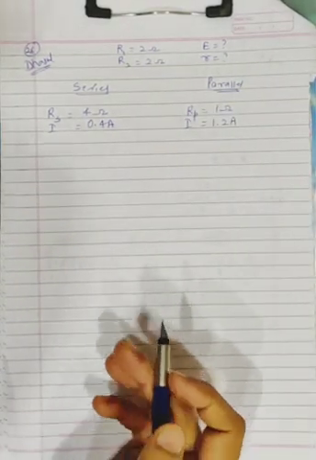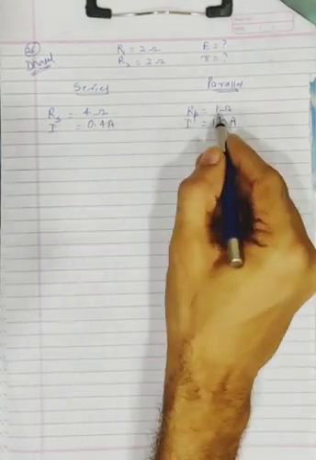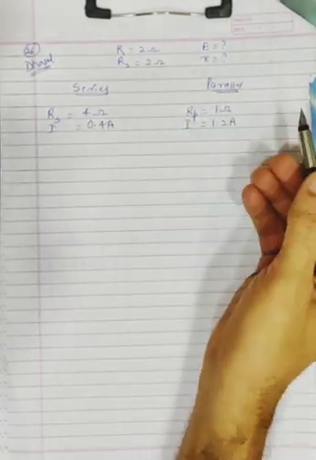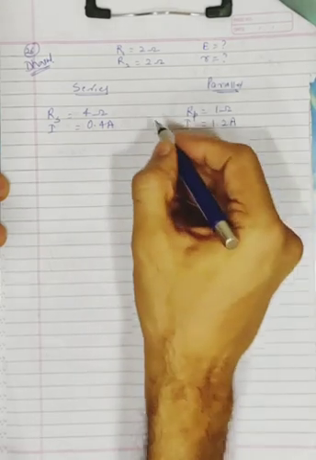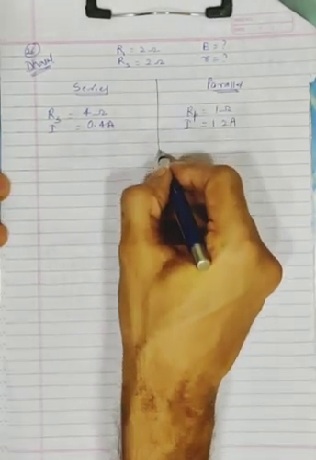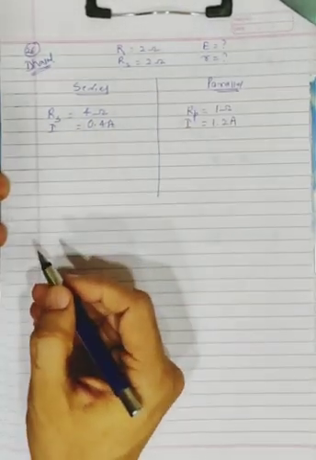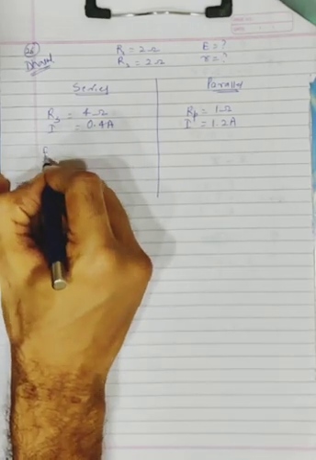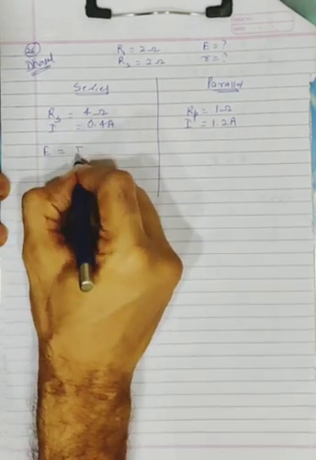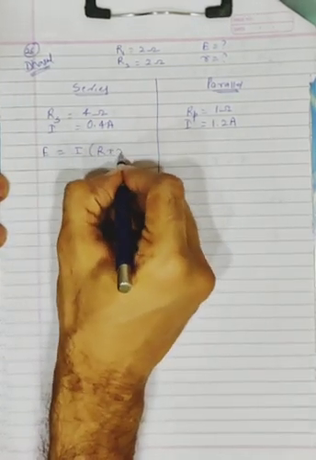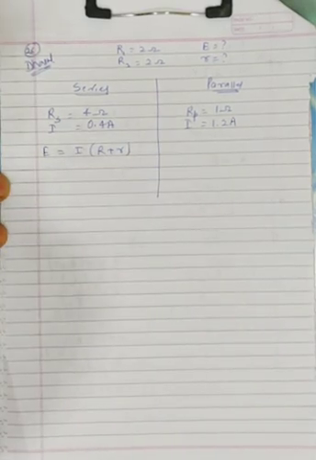So this sum is very similar to the fifth sum we've done, except that R1 and R2 are given to you directly. They said series and parallel. But the method remains the same, that E and r are going to remain constant. So first we'll find out EMF out here. E is equal to I, R plus small r.